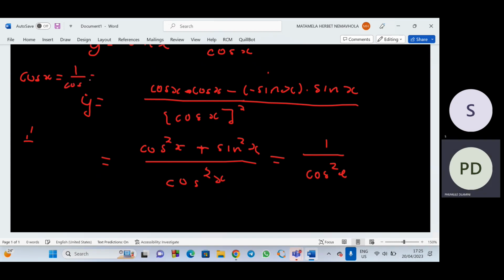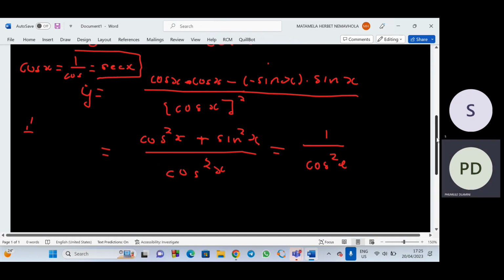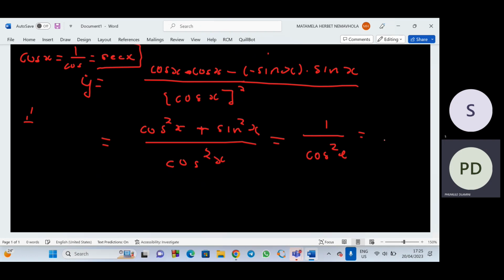And 1 over cos x is the same as sec x, so this is sec squared x, which is the same as the one I gave you before.